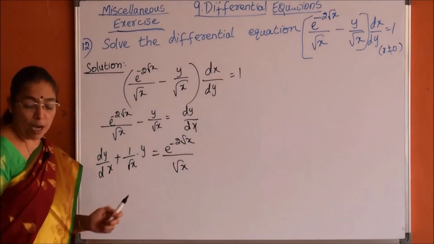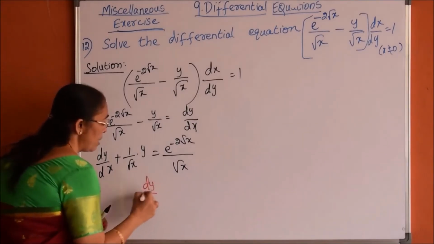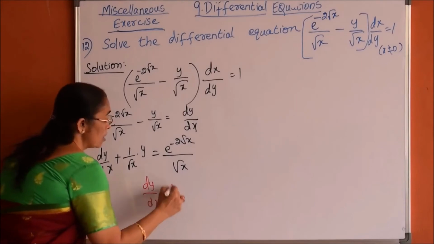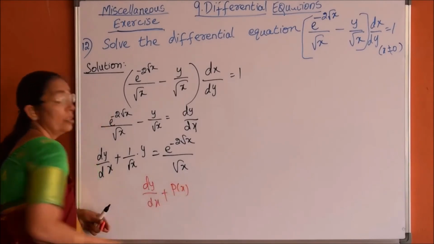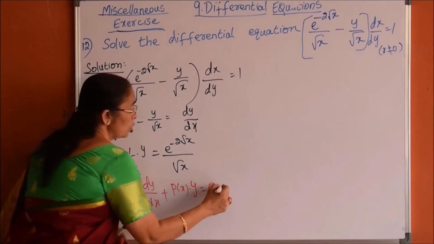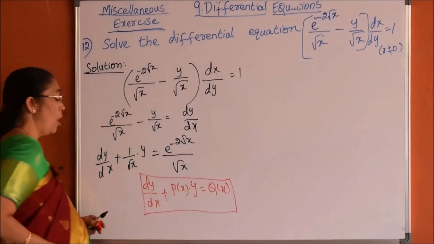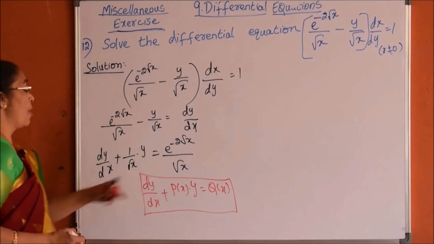Now it is in the form of dy by dx plus some function p of x into y is equal to q of x. So it is a linear equation in one variable of first form.